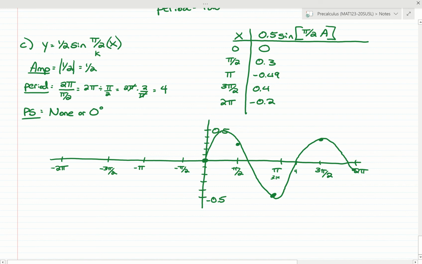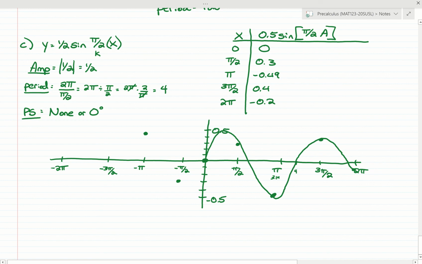All right, if you want, we could try the negative values and just see if our shape makes sense. So for negative pi over 2, store for a, we get negative 0.3. For negative pi, I'm getting 0.4, 0.5 almost, 0.49.